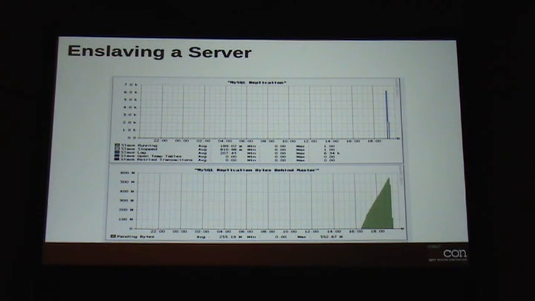Otherwise, it would be trying to update or delete data that might not yet be there. When that happens, the bytes behind master counters are increasing, which is that little yellow left-hand side of the triangle. But seconds behind master is null, because the SQL thread is not running.